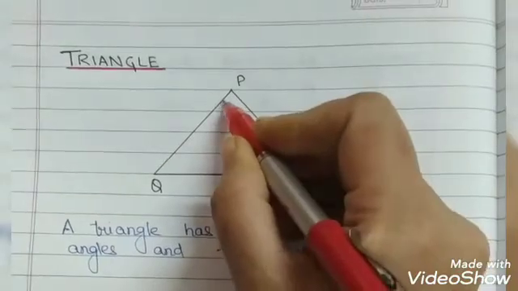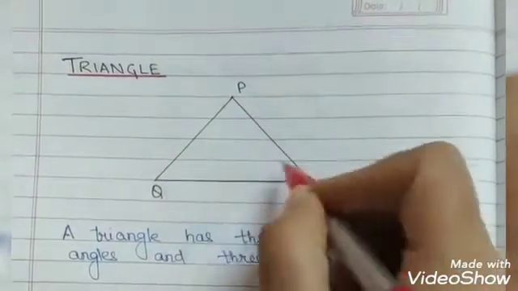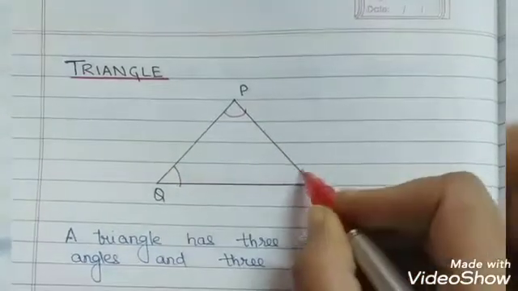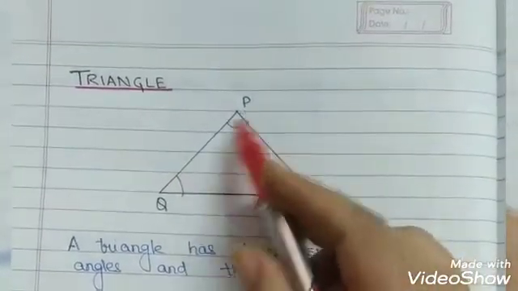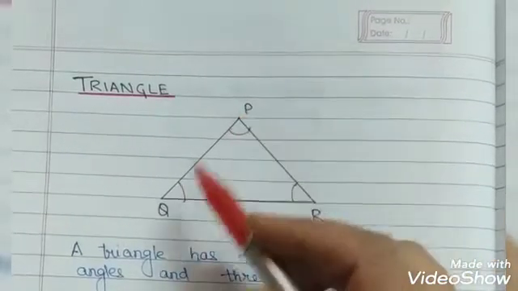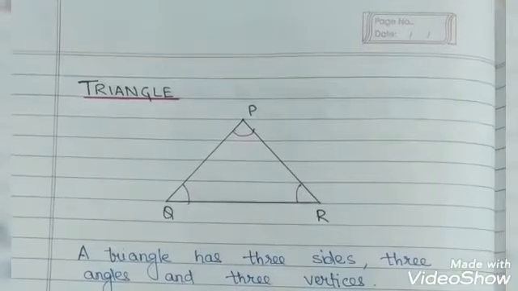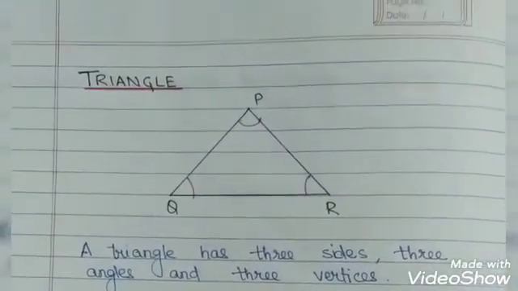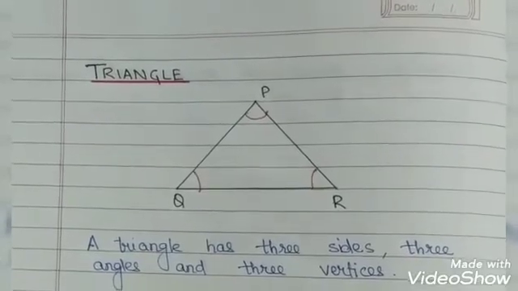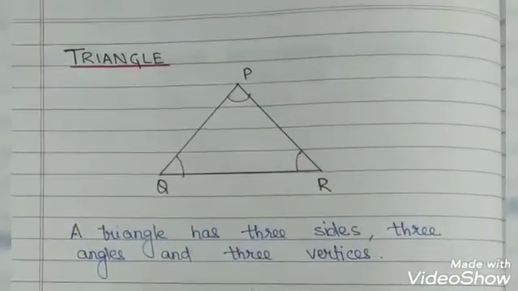Here you can see three sides, three angles, angle P, angle Q and angle R. So three sides, three angles and three vertices, point P, point Q and point R. We classify triangles according to the sides and angle measures. So let's learn about types of triangle.